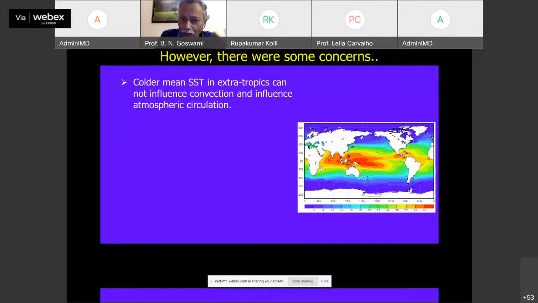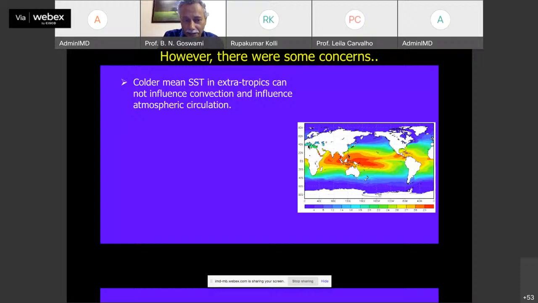But there are a few major conceptual concerns. The concern was that a tropical SST influence teleconnection has to happen through the atmospheric circulation, like an atmospheric bridge. But how does the North Atlantic SST, which is an extratropical SST, with a mean SST that is very cold, how do variations of those cold SSTs influence the circulation, which then influences the teleconnection?